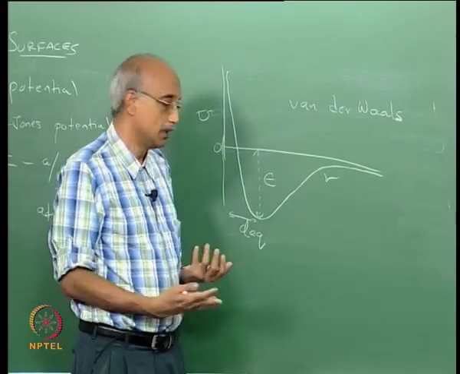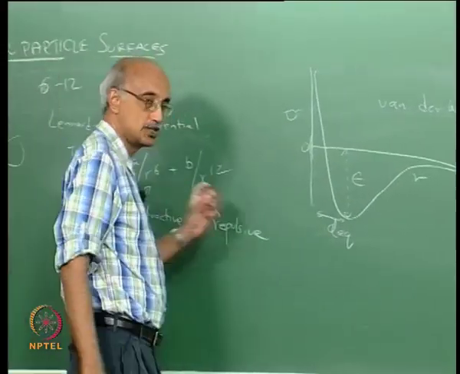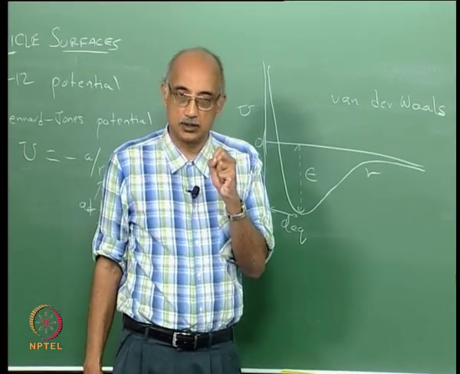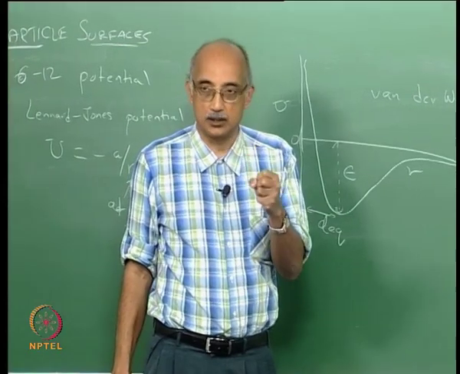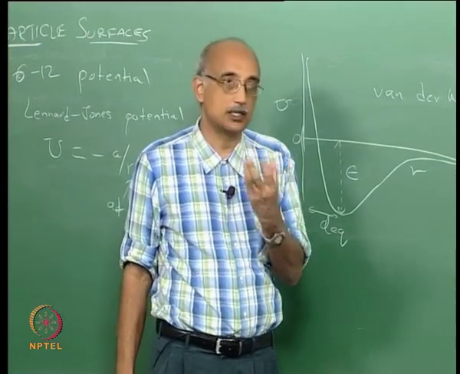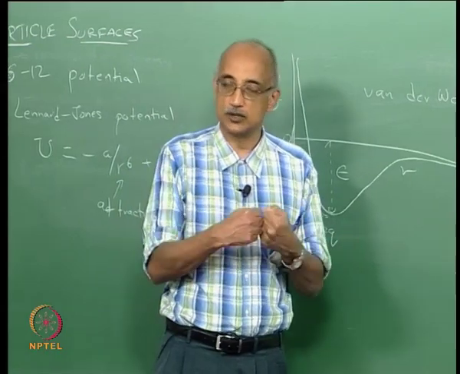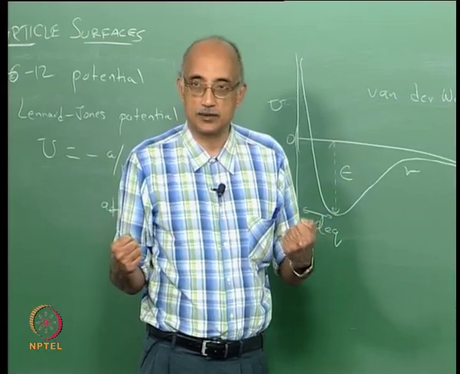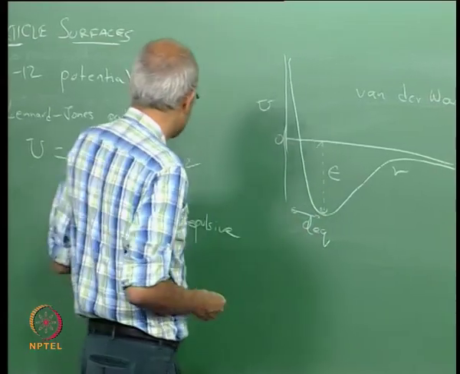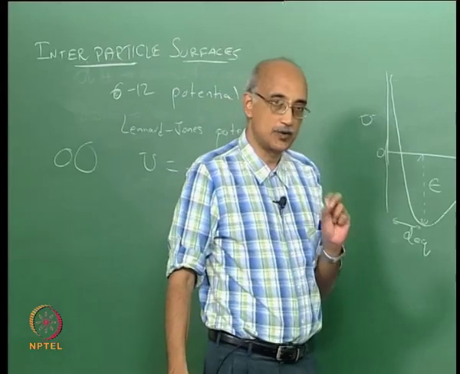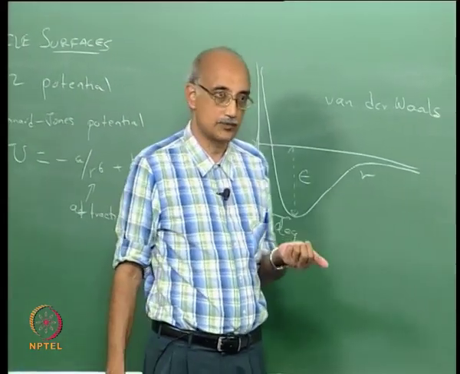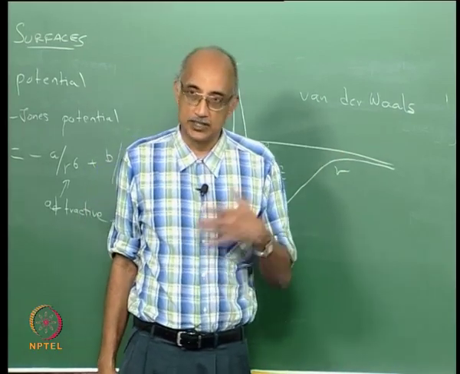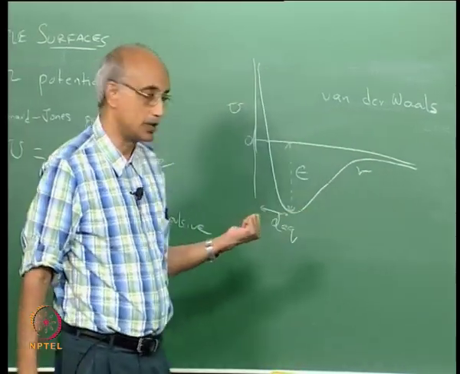Basically, if you bring two high surface energy particles together, their attractive forces are going to be greater than their repulsive forces, relatively speaking, whereas if you have two low surface energy surfaces coming together, they are going to naturally want to repel each other, right. So the quantities A and B are very much a function of the surface energies of the particles involved, and thereby the Hamaker constant also. So that is where the surface energy of the particle enters this equation.